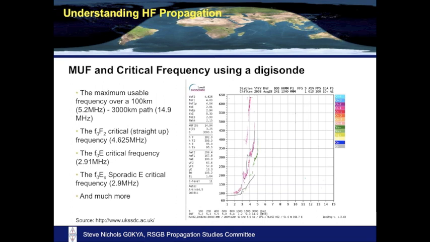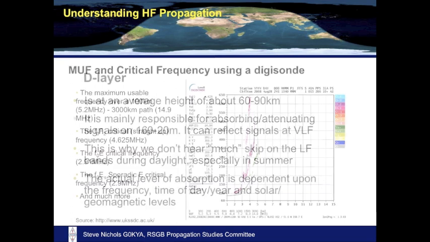It's not actually measuring that distance; given this information, we can deduce that the maximum usable frequency over this path would be X or Y. So they're very useful things, digisondes, and as I said, you can find out more information at ukssdc.ac.uk, as it says on the slide.